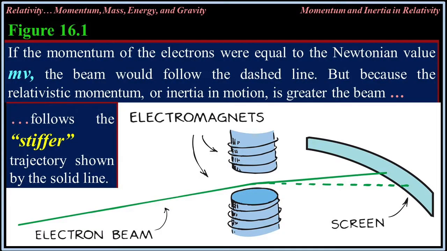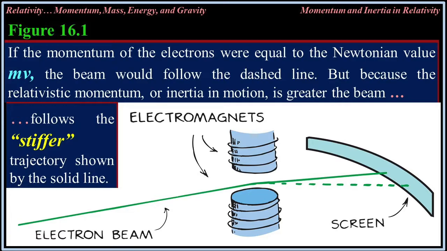This can be seen when a beam of electrons is directed into a magnetic field, as shown in figure 16.1. Charged particles moving in a magnetic field experience a force that deflects them from their normal paths. For a particle with a small momentum, the path curves sharply.